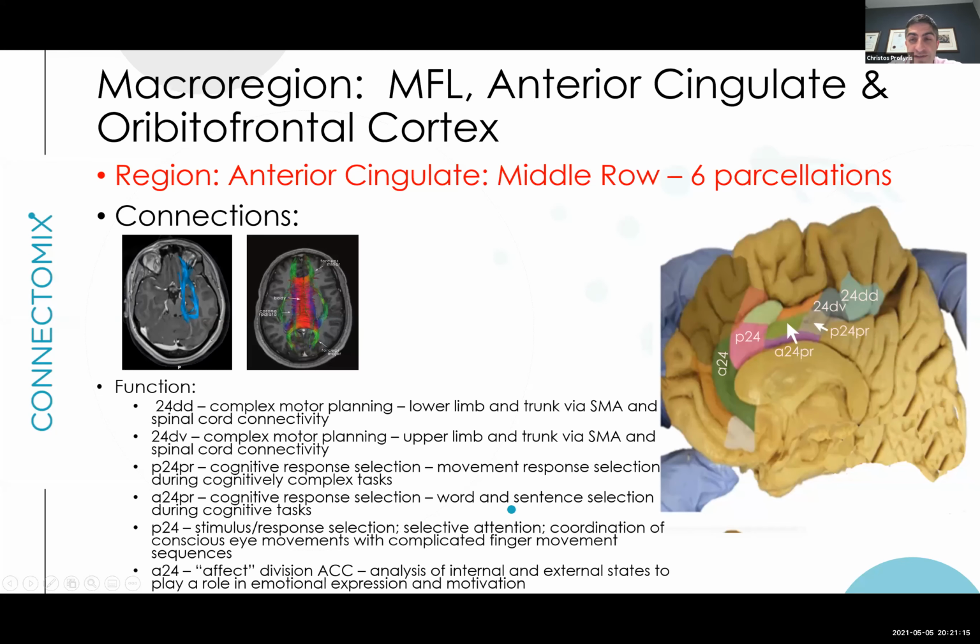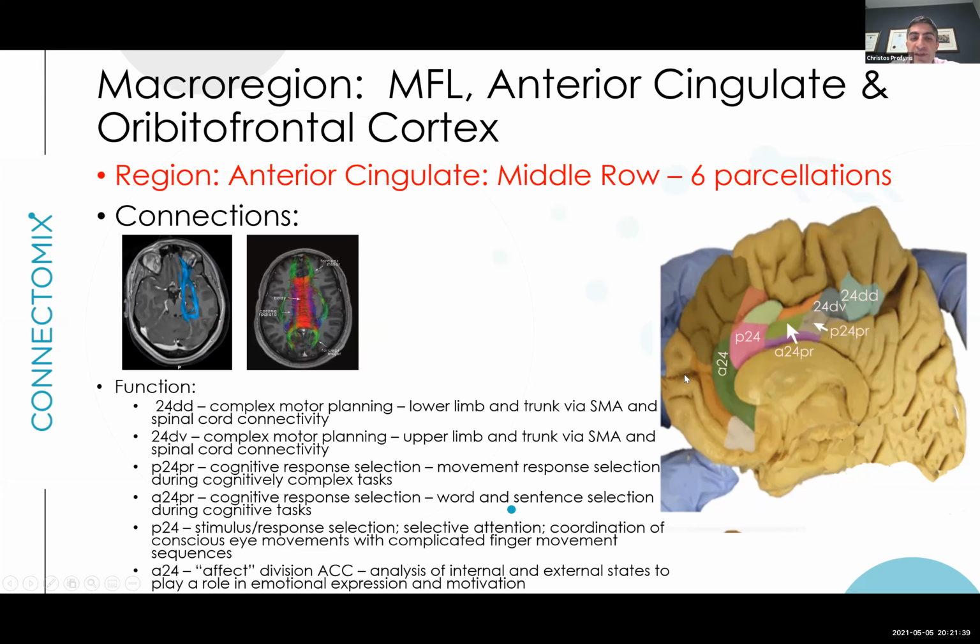Now, if we look at the function, it does get complex, but essentially 24DD and DV are involved in complex motor planning, DD for the lower trunk and DV for the upper limbs. So lower limbs, DD, and DV for the upper limbs and trunk.